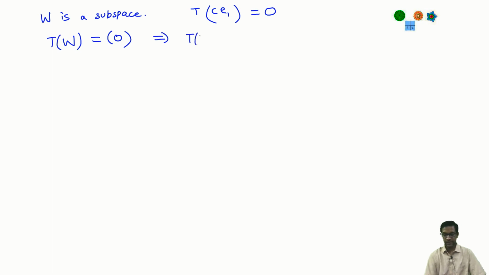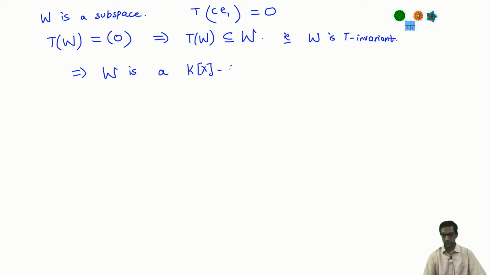In particular, T of W is a subset of W, that is, W is T invariant. And from our general analysis of what submodules look like, this means that W is a K[x] submodule of the module V.